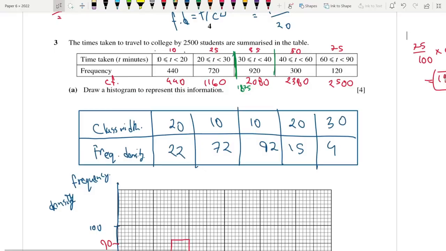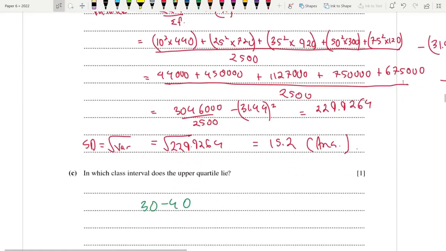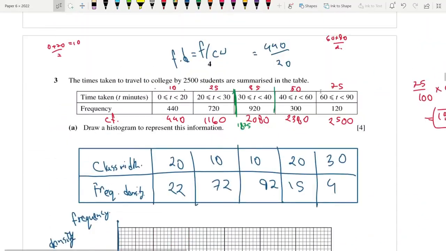But here's the thing. When we find an estimate of the mean, I was viewing this from the wrong perspective actually.